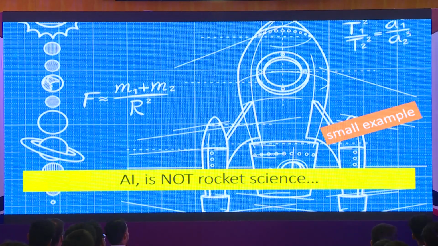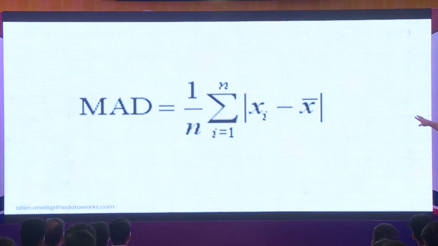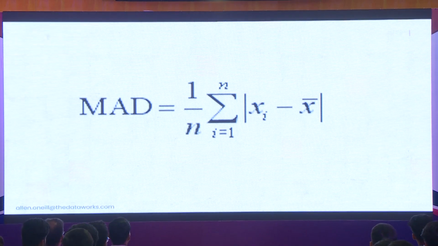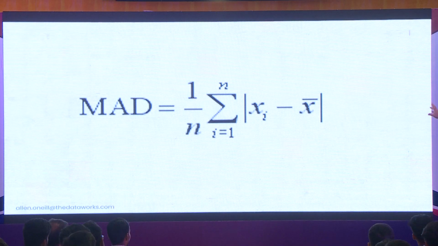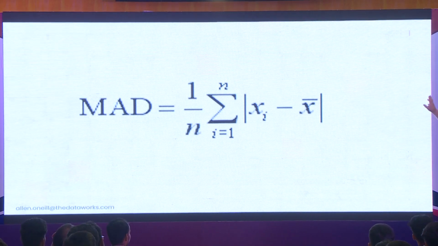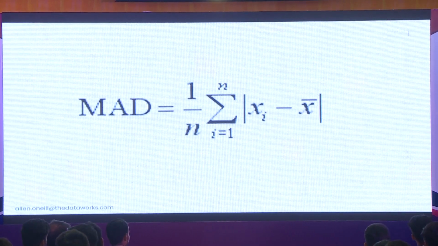So AI is not rocket science, and I want to show you a small example. Does anybody know what this is? What is it? Okay, you can all leave. You're too clever, okay? You don't need to be here. This is an algorithm in a very strange outer space, crazy-looking language, okay, that none of us understand except the smart guys and girls over here.